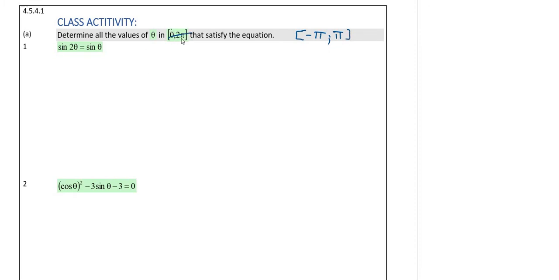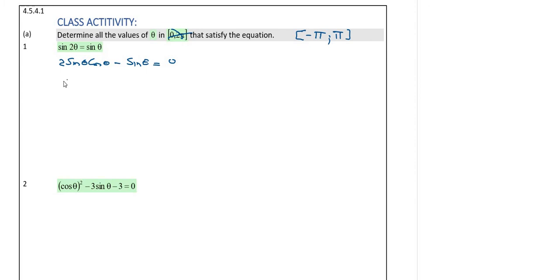So let's say that was not asked in. Okay, so first of all, I cannot work with 2 theta and theta. I have to change them. So I'm going to change it to 2 sine theta cos theta minus sine theta is 0.